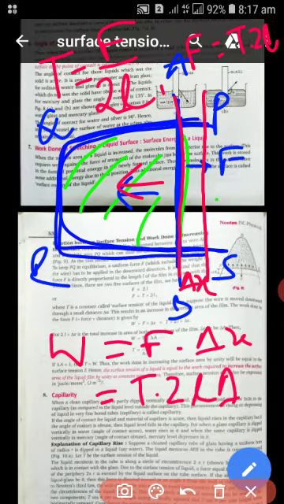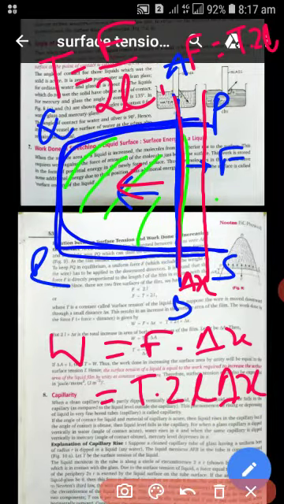So now force is equal to surface tension into 2l, am I right? Say with me, F equals surface tension into 2l. Now put the value, F equals surface tension into 2l into delta x.